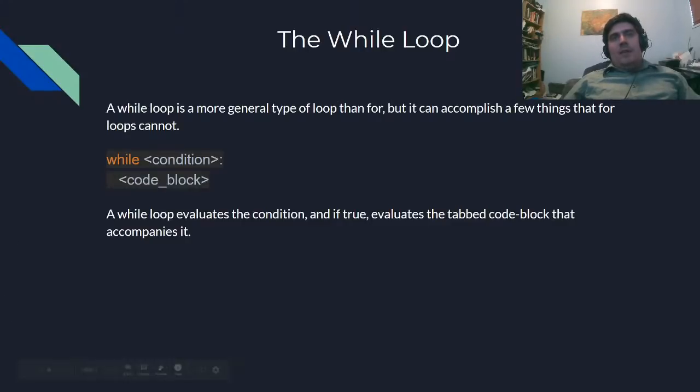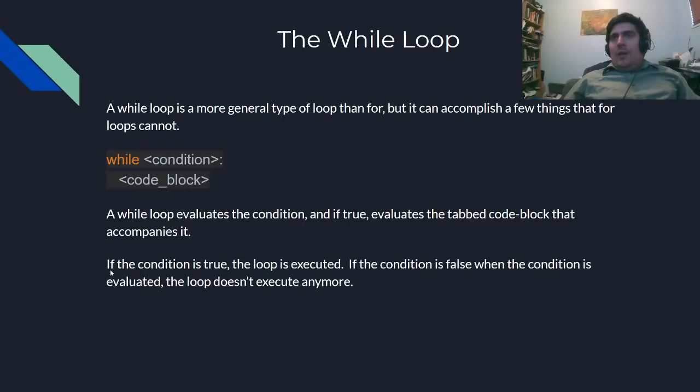But for my students, I would have said don't do that, because I hadn't taught it yet. Actually, while loops were kind of the wrong answer for homework 3. I'll explain once we get through a little of this. If the condition is true, the loop is executed. If the condition is false when evaluated, the loop doesn't execute anymore.